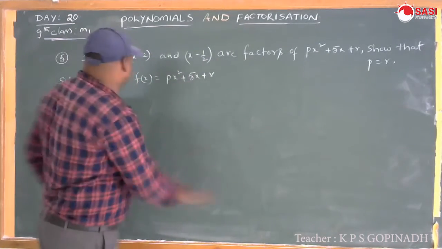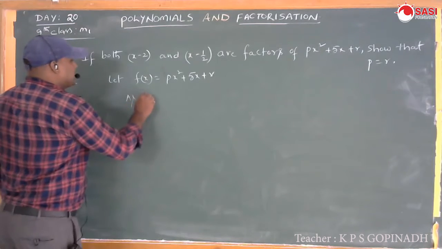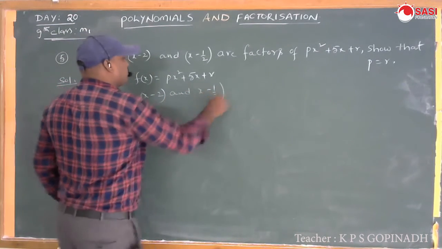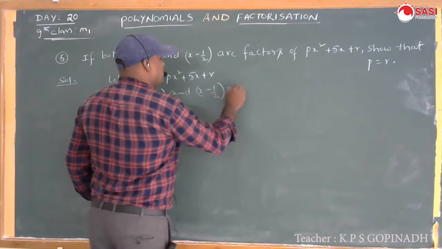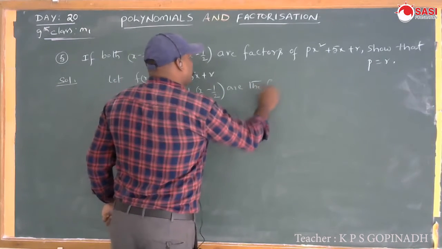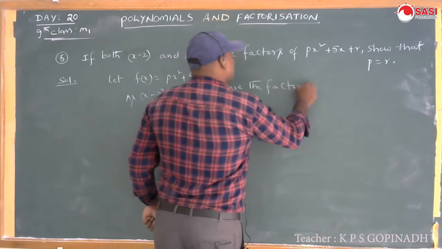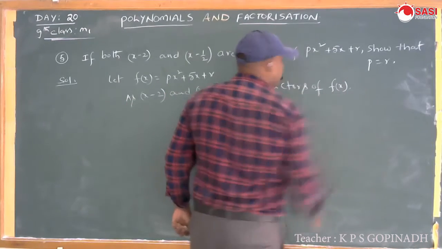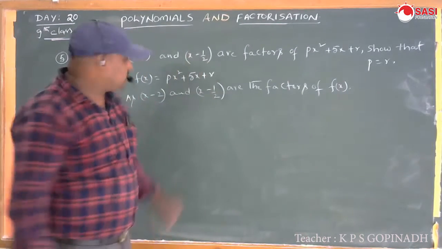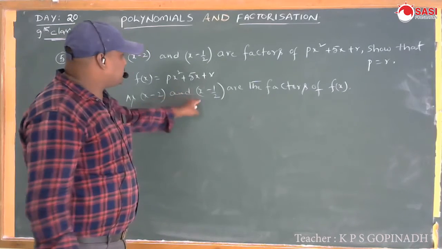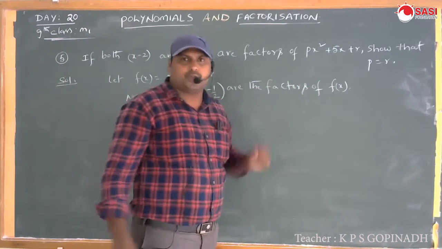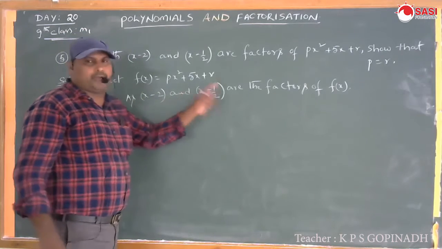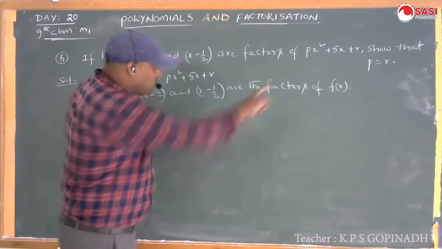So as x minus 2 and x minus 1 by 2 are the factors of f of x, we have to show that f of 2 and f of 1 by 2 are equal to 0.